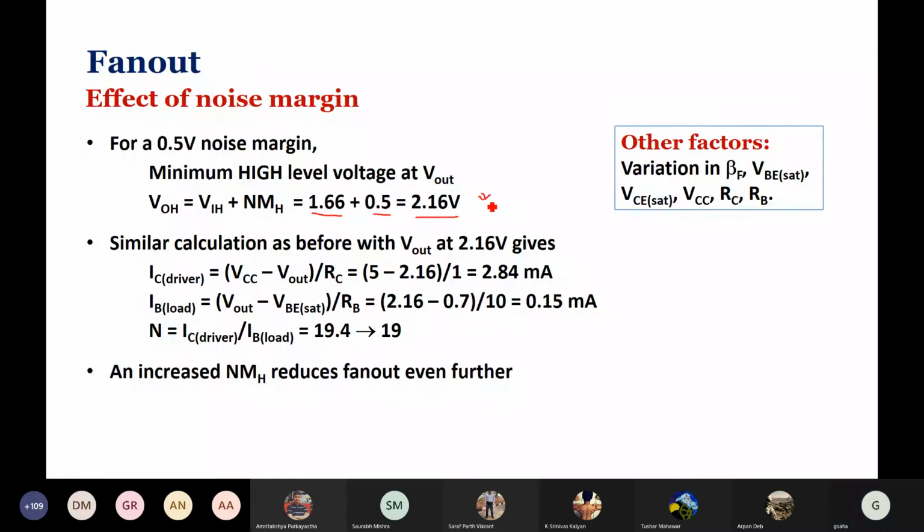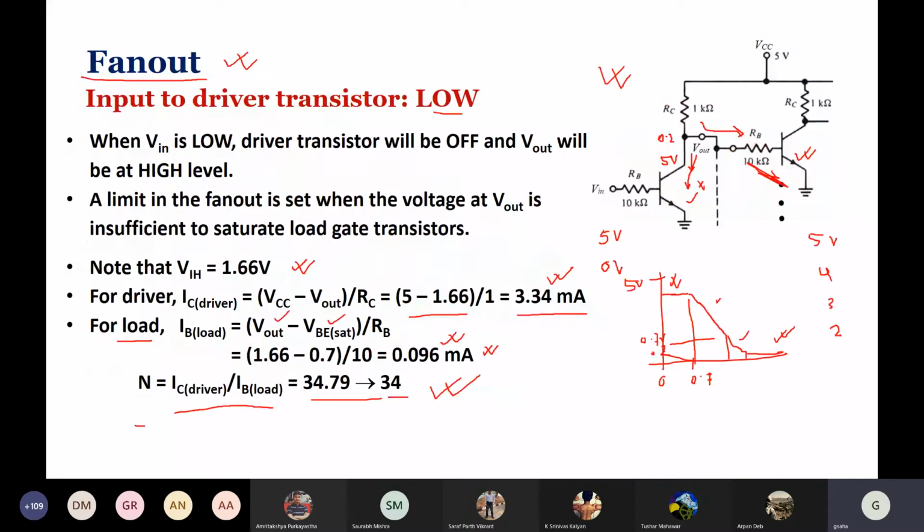Okay, so instead of 1.66 volt, if you play with VIH being 1.66 volt and another noise margin of 0.5 volt is there, so VOH coming down up to 2.16 volt only. If you substitute those numbers, then this is the current 2.84 milliampere.